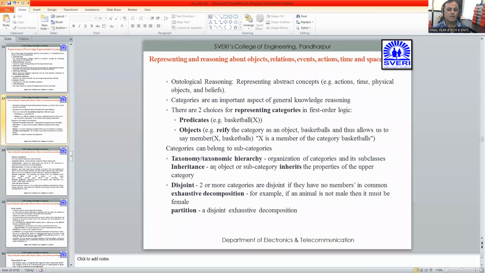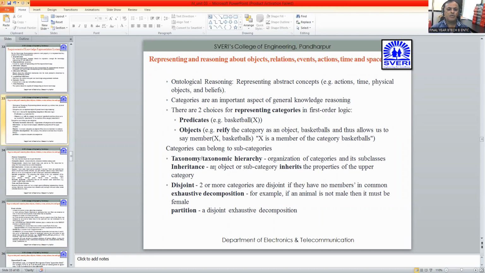So it is nothing but the categories and its subclasses, right? The better way to understand is having a hierarchy, like an organization of categories. If there is a category of a basketball, then it comes under the subclass of a ball. So there are categories which have to be understood.